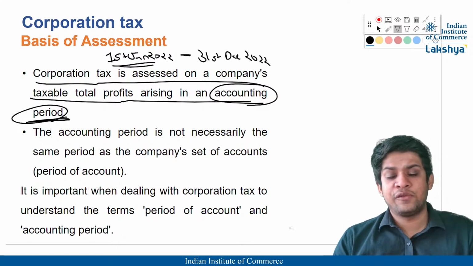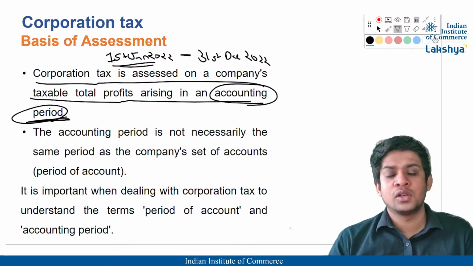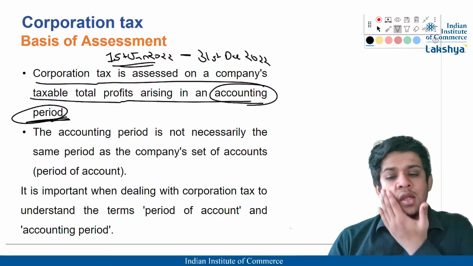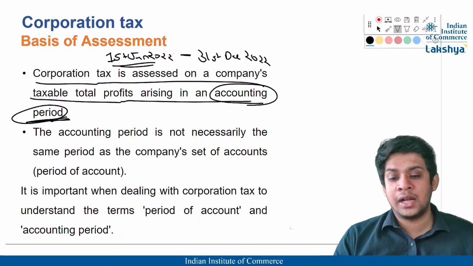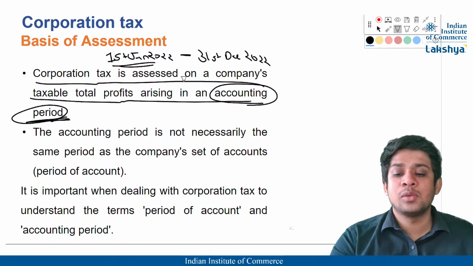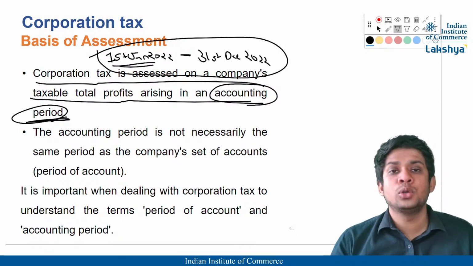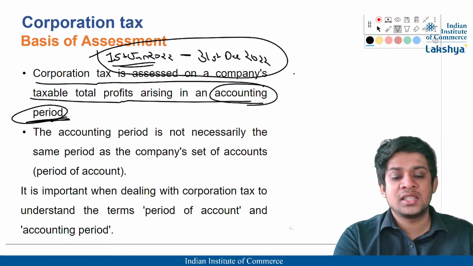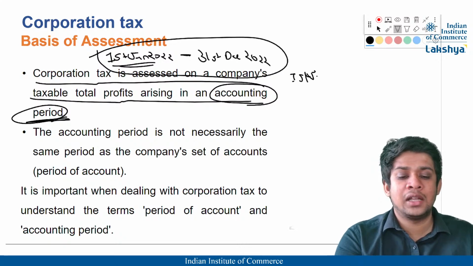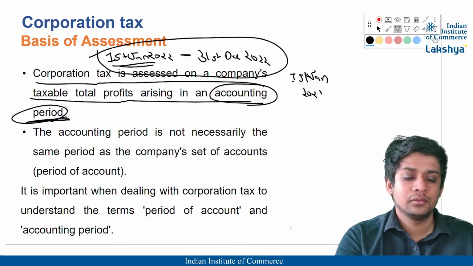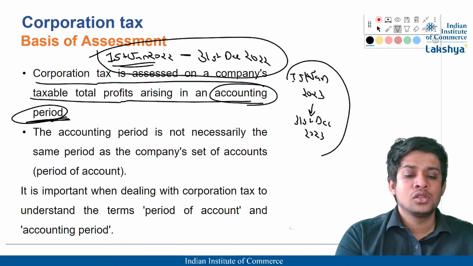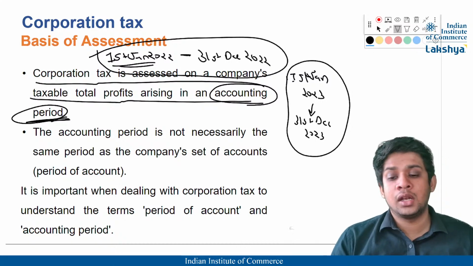It could also be from 1st April to 31st March, or from 1st October to 30th September, depending on where the company starts the trading from. So this is one accounting period, from 1st January 2022 to 31st December 2022, and the next accounting period will start from 1st January 2023 and end at 31st December 2023. This is known as the second accounting period.